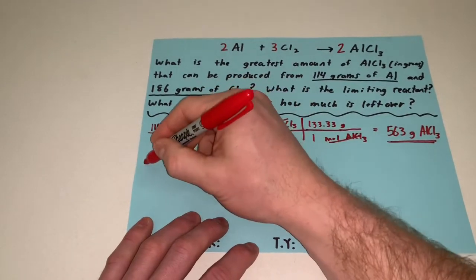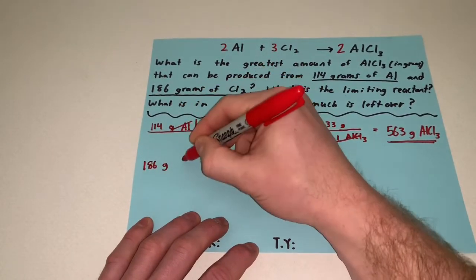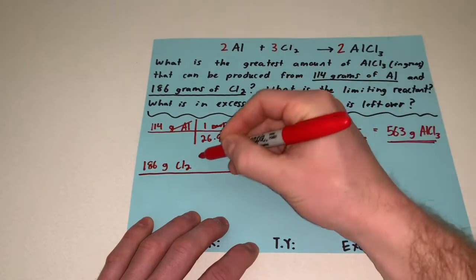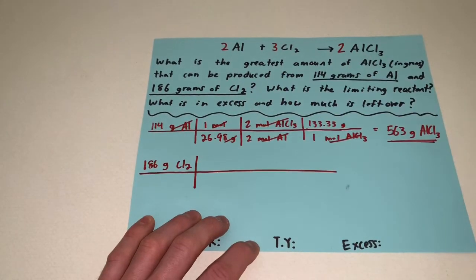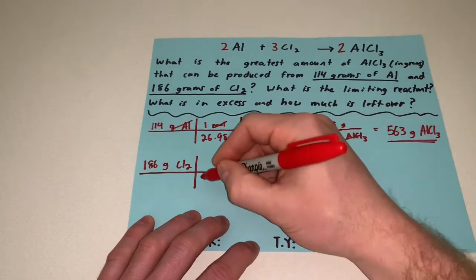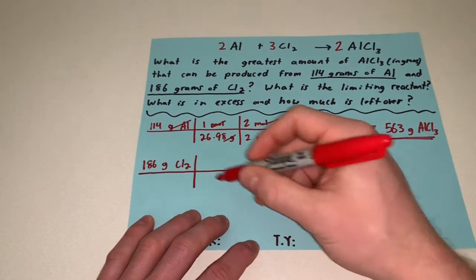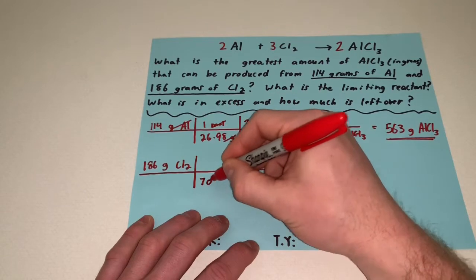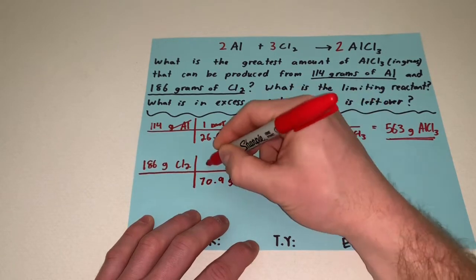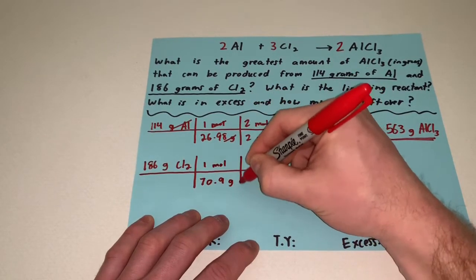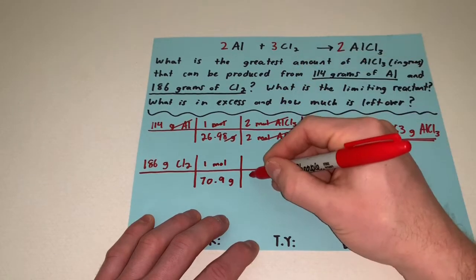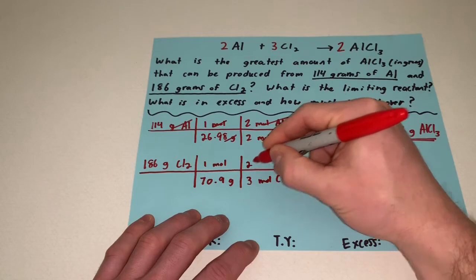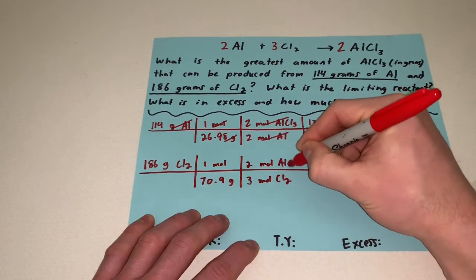All right, now let's see, with 186 grams of chlorine, how much aluminum chloride can we produce from that much starting product? So the mass of chlorine for this is 2 times that of chlorine because it's Cl2, so it should be 70.9 grams for every 1 mole. In the chemical equation, there are 3 moles of chlorine for every 2 moles of AlCl3.